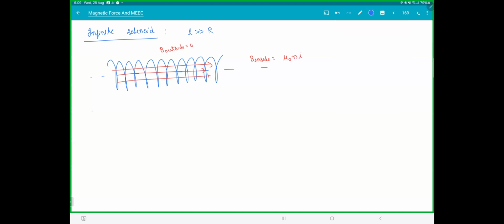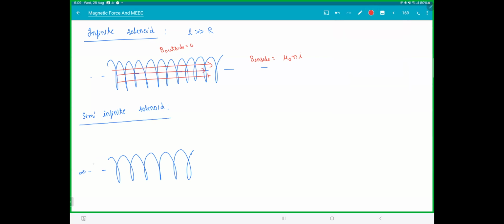Now, if you take a semi-infinite solenoid, we are going to use this in today's class only in EMI. So listen. One side is infinity. The other side is an open end, which you can see.